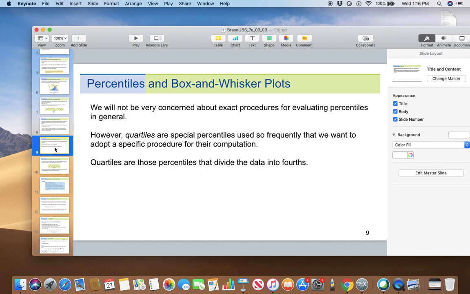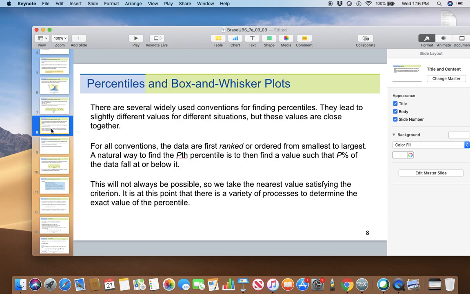Okay, so where are we? It's not always possible. You need to find the pth percentile. Then you want to find a value such that p percentage of the data will fall at or below it. Regardless, this is not always possible, so we take the nearest value satisfying the criterion.